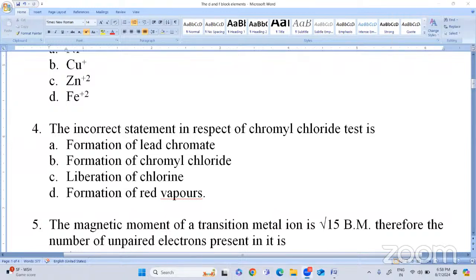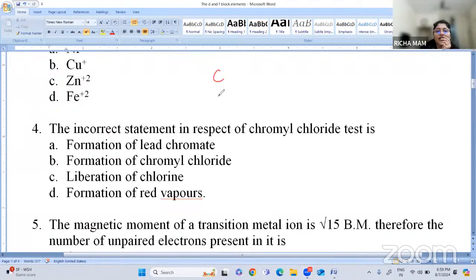It is a confirmation test for chlorine, used in the confirmation of the presence of chloride ion in your qualitative inorganic salt analysis.